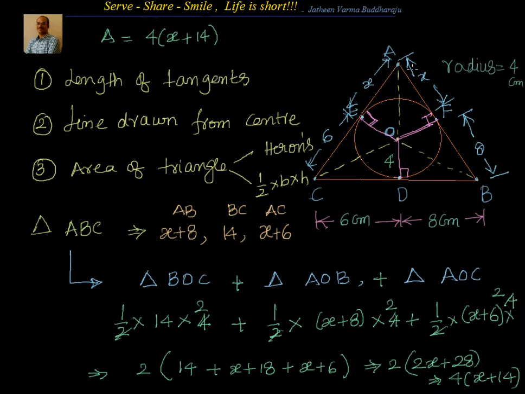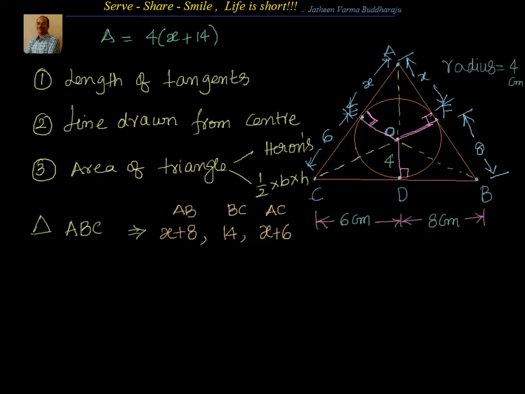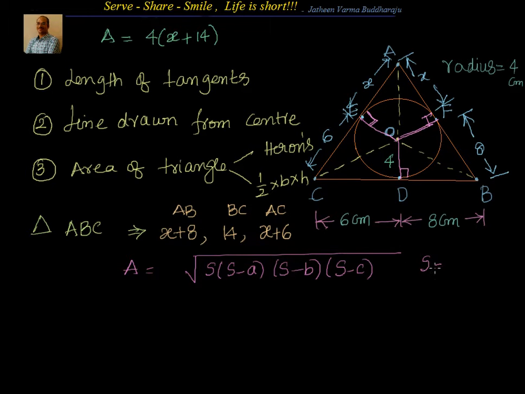So let's move forward. Heron's formula is given by area is equal to square root of s into s minus a into s minus b into s minus c, where s is called the semi-perimeter, given by sum of the sides divided by 2, or nothing but half of the perimeter.